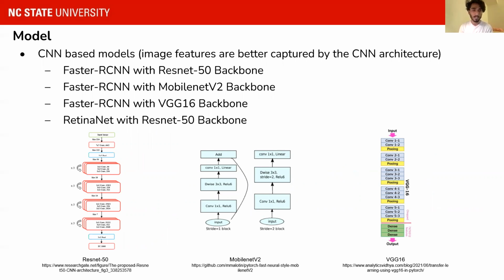The first one is ResNet 50, the second one is MobileNet V2, and the third one is VGG16. VGG16 suffers from the vanishing gradient problem, and the ResNet 50 solves that problem, while the MobileNet V2 is a lighter network that uses fewer parameters. So now let's talk about the model results.